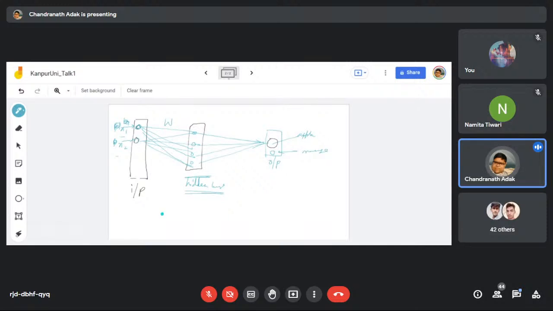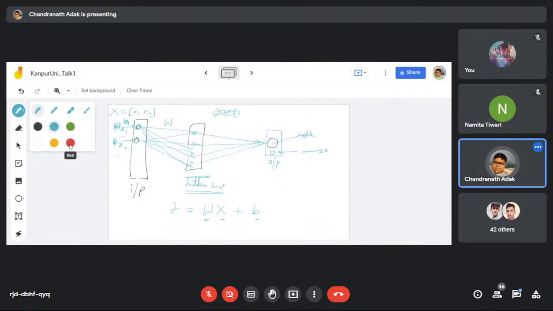So in this layer, at first it will be z equal to wx plus b, where x is the combination of x1 and x2, and b is some bias term. We call this a linear combination of these weights, the input features, and the bias.